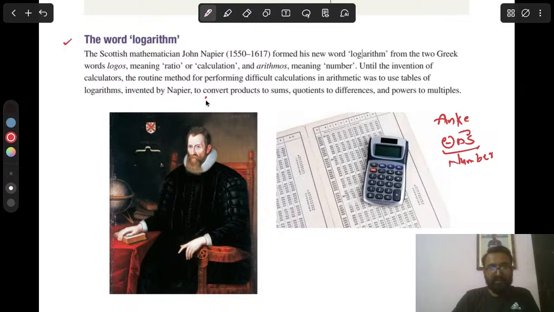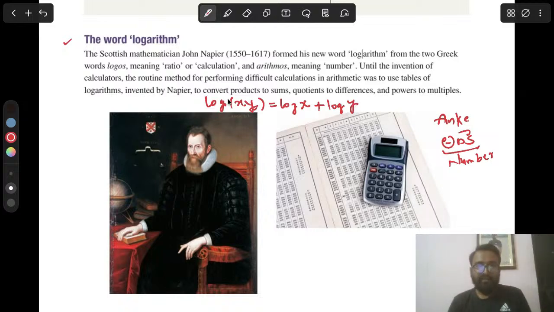Log of xy, a product of two numbers, is equal to log of x plus log of y.